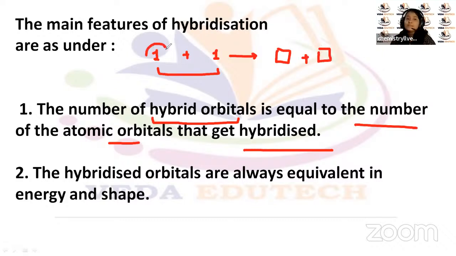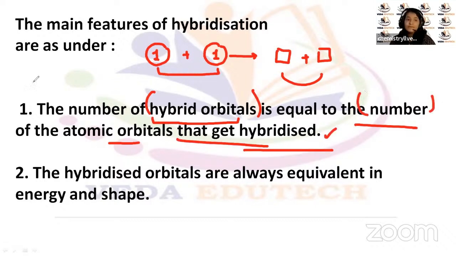So the total number of atomic orbitals that you combine is equal to the total number of hybrid orbitals that you get. This is your first thing.